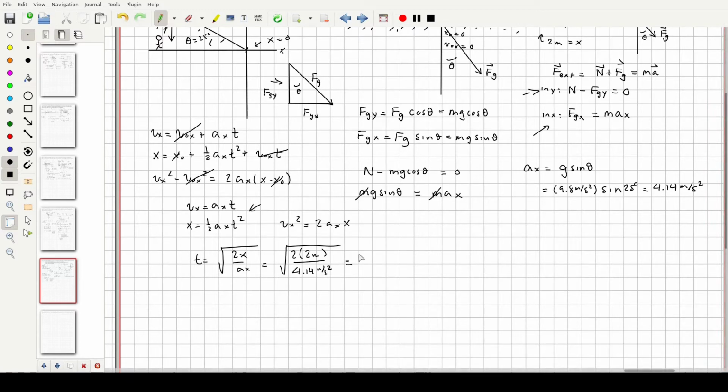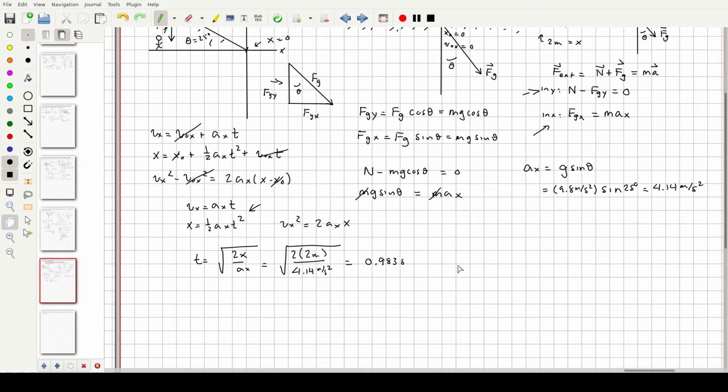Remember, you want to use the full expression of that. So you store it in your calculator, your crapulator. So let's see, square root of 2 times 2 divided by that. I get 0.983 seconds about.